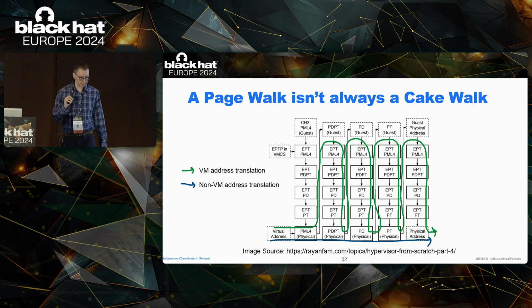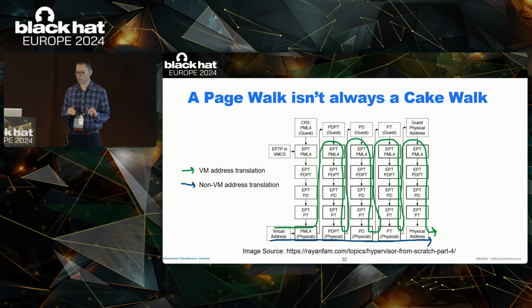Now, I really love this diagram. And I love the title of this slide, too. So the blue line at the bottom shows how bare metal processes, so non-VMs, translate from linear or virtual memory to physical memory addresses. They do a page table walk. And the page tables are somewhat shallow.